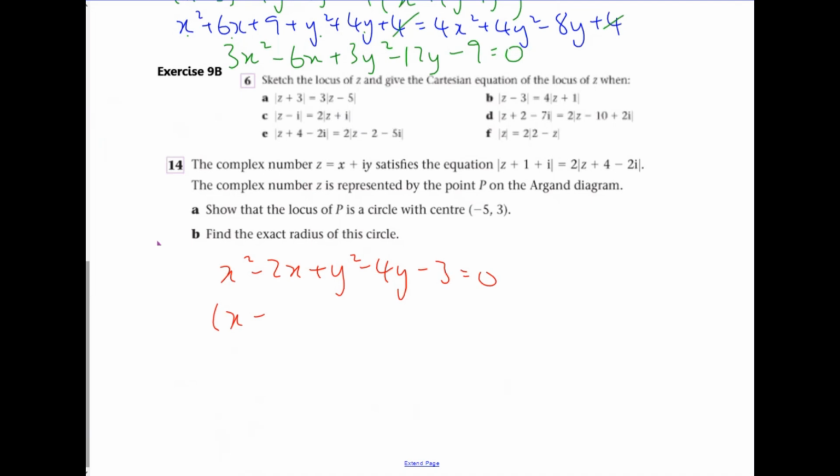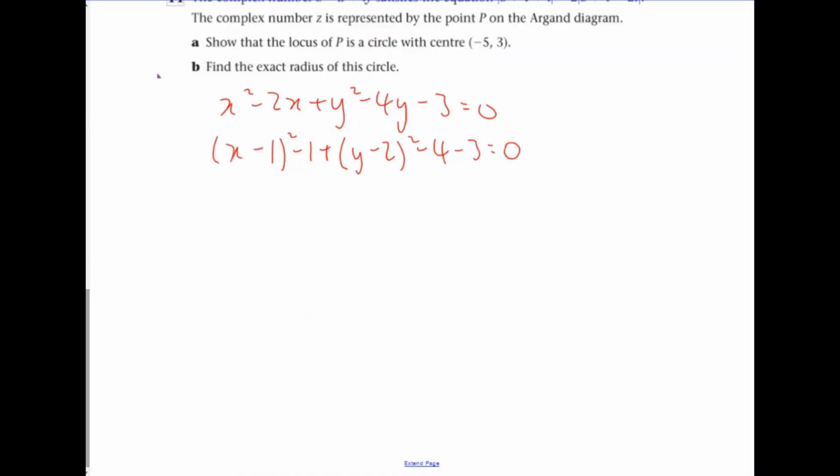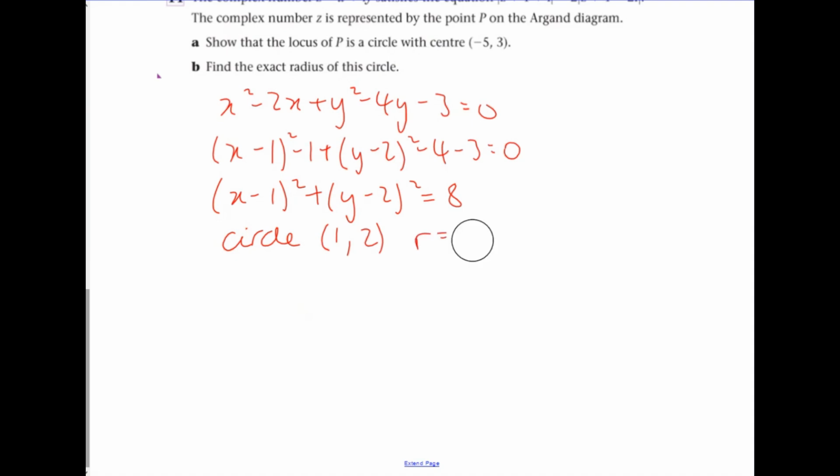Now I can complete the square on each of my x and y's. And collecting this up gives me (x minus 1) squared plus (y minus 2) squared equals 8. So we know that this actually is a circle, center (1, 2), and radius root 8, or 2 root 2.